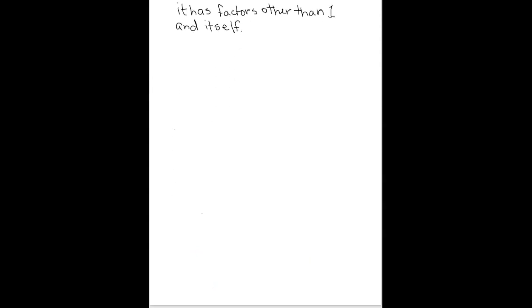All right, so for the sieve of Eratosthenes, I have 1, 2, 3, 4, 5, 6, 7, 8, 9, 10, and then we're going to do this in rows of 10. So I've got 11, 12, 13, 14, 15, 16, 17, 18, 19, 20, and I'm only going to go up to 30.